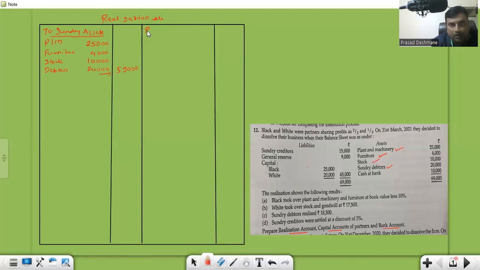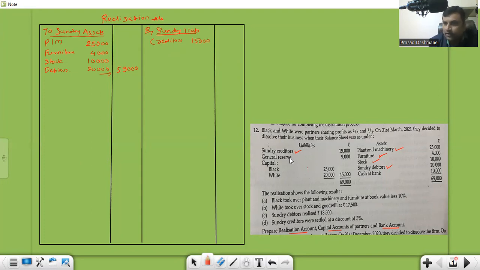Now I'll record liabilities, by sundry liabilities. Creditors, yes, we are going to record because it's an external liability. 15,000. Next is the general reserve. Is the general reserve an external liability?